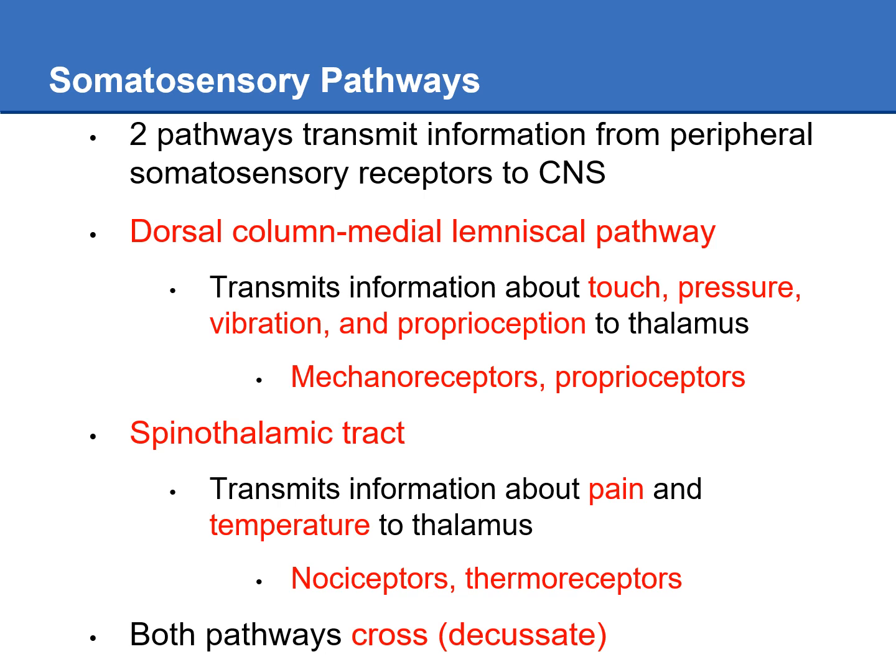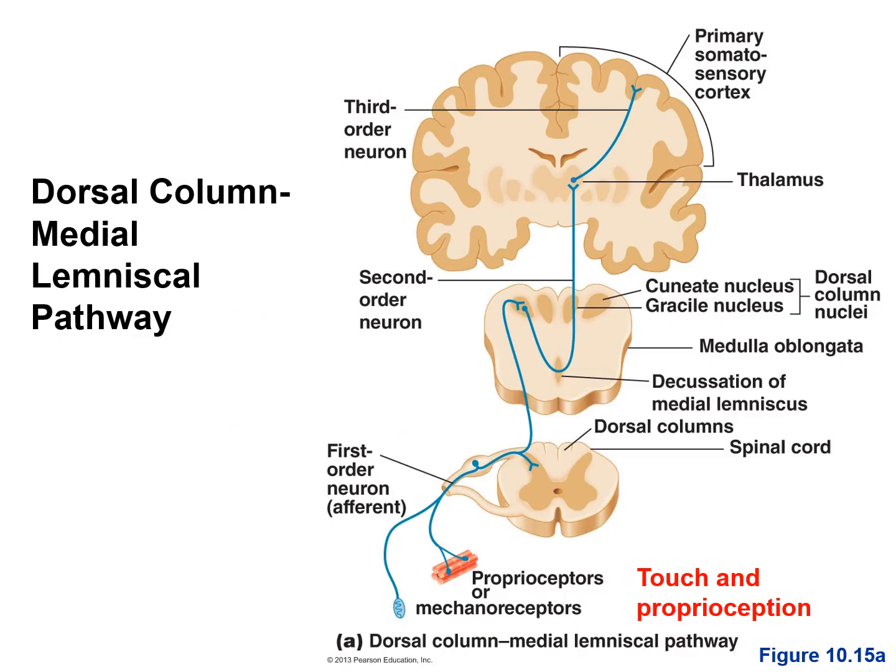Okay, so let's just take a look at these pathways. So the first pathway is called the dorsal column medial lemniscal pathway. I will not ask you that name. You do not have to memorize that. But this pathway is going to be transmitting information about touch and proprioception.